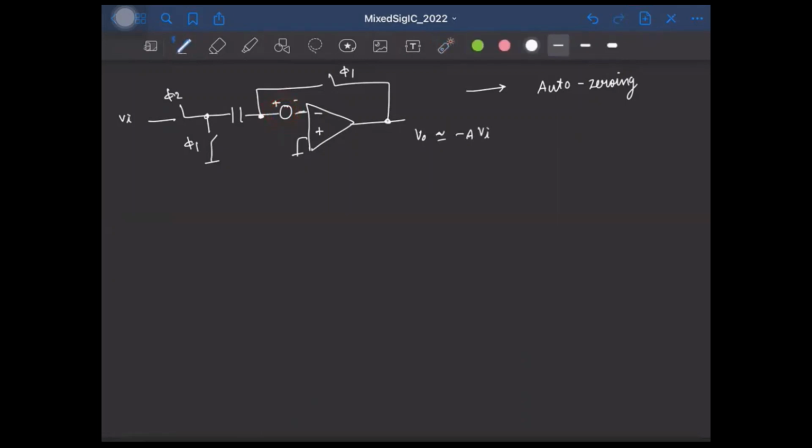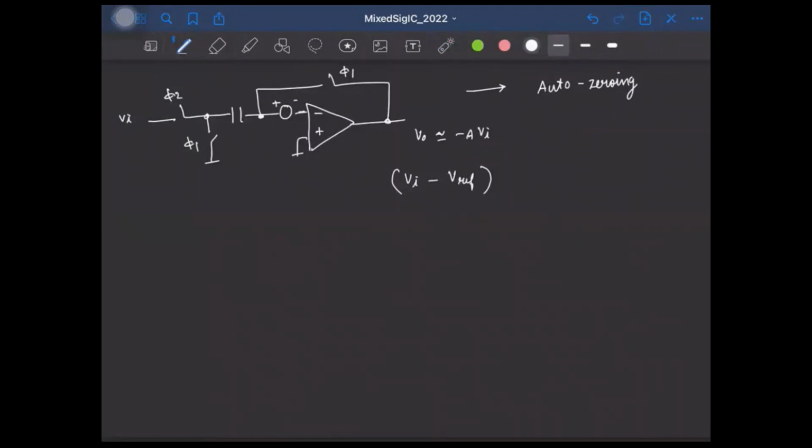But obviously, we don't simply want the comparator to make a decision based only on Vi. We also need Vi minus some VREF. We want the comparator to make the comparison on this quantity. So let's see how to subtract the reference from the input.